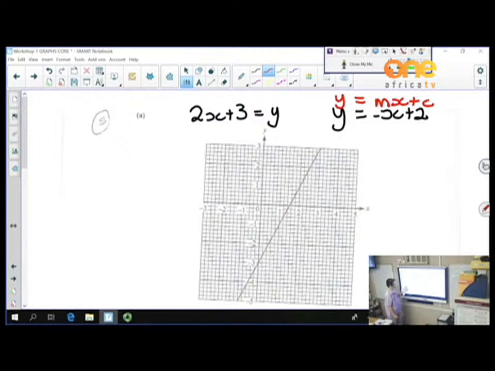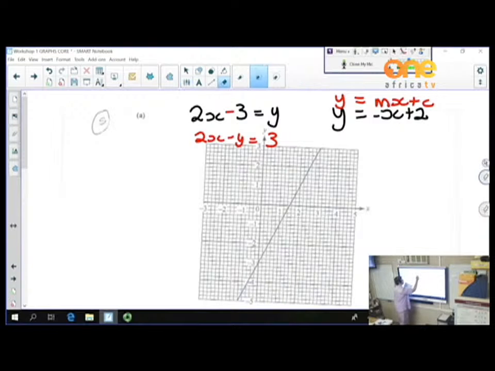So y is equal to negative x plus 2, and I changed the original one now here to standard form. It was 2x minus y is equal to 3. The sign here must be minus, changing it to standard form. I took the y over because I want y to be positive then there.